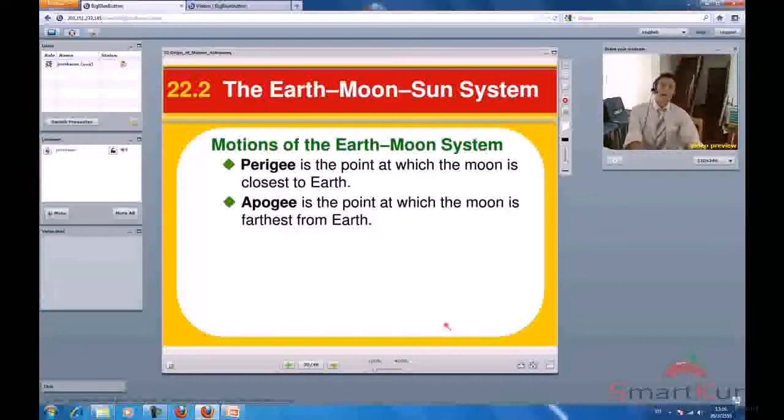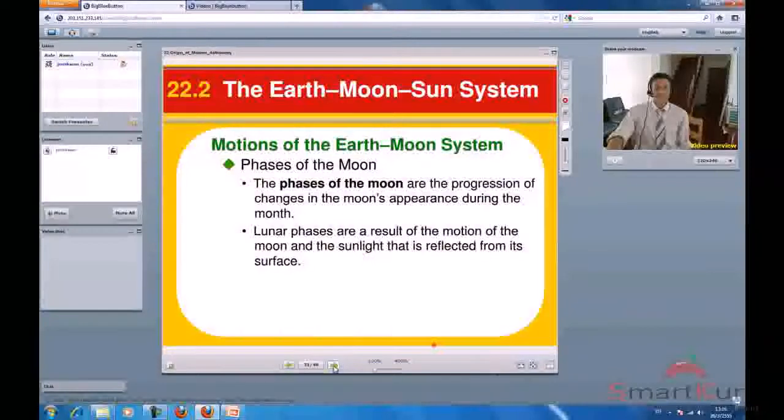Just like we had perihelion and aphelion, remember perihelion is where the Earth is close to the Sun. Aphelion is that point in June or July when the Earth is farthest from the Sun. We also have two more terms, perigee and apogee.